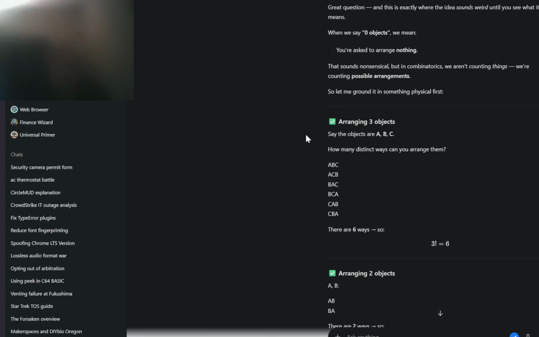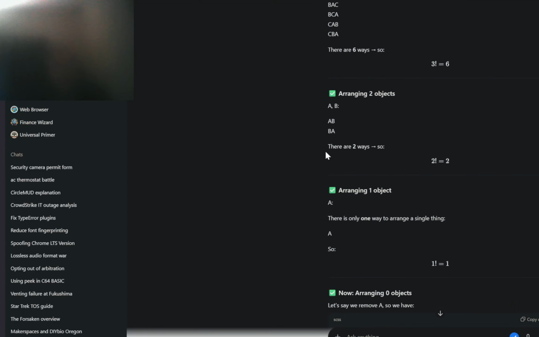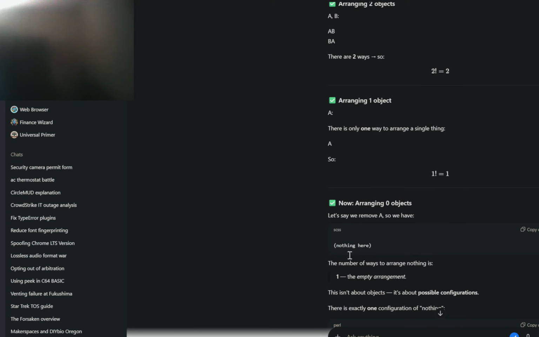A, B, C; A, C, B; B, A, C; B, C, A; C, A, B; C, B, A. There are six ways, so 3 factorial equals six. Arranging two objects, there are two ways, A, B and B, A. Arranging one object, there's only one way to arrange a single thing, so 1 factorial equals one.